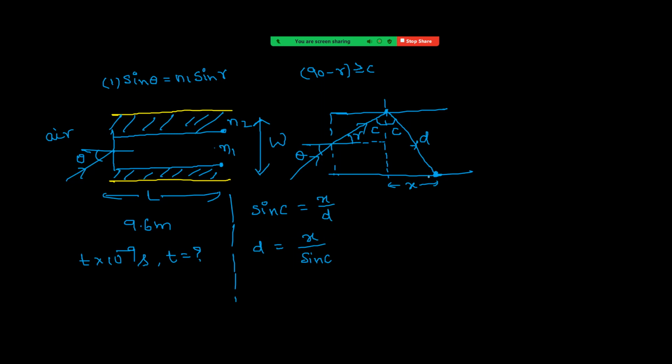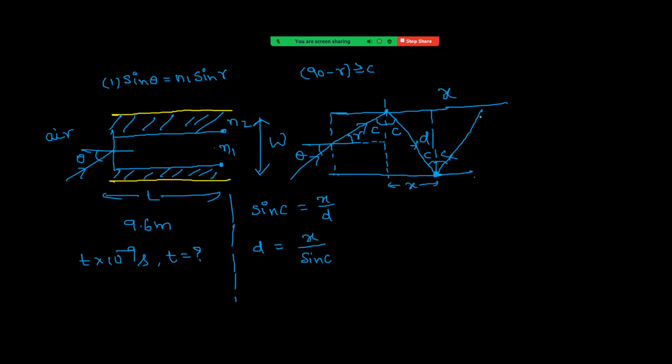If I take x and next once again x, like this, the total value is, if I take it, d, next it will reflect like this, next reflection like this. Again, this is equal to c, this is equal to c, this is x, and again x, next again x. If you take the sum of all these x values, that gives us the total length L, right?